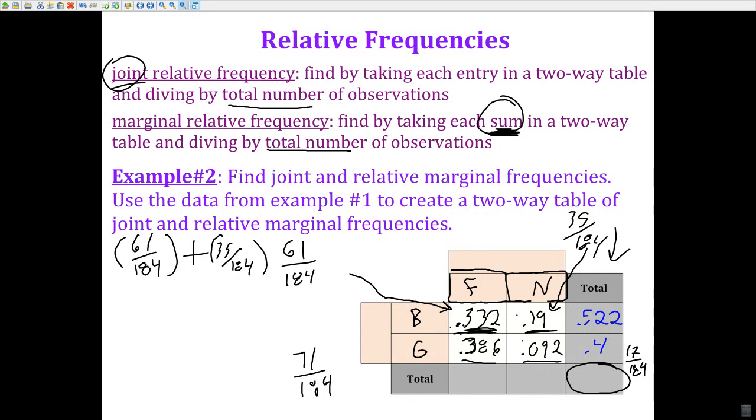Let's see. Just want to make sure I'm giving you the right stuff here. 35 over 184. Yeah, I got about that. I'm going to double check the bottom there. 71 divided by 184, plus parentheses 17 divided by 184.